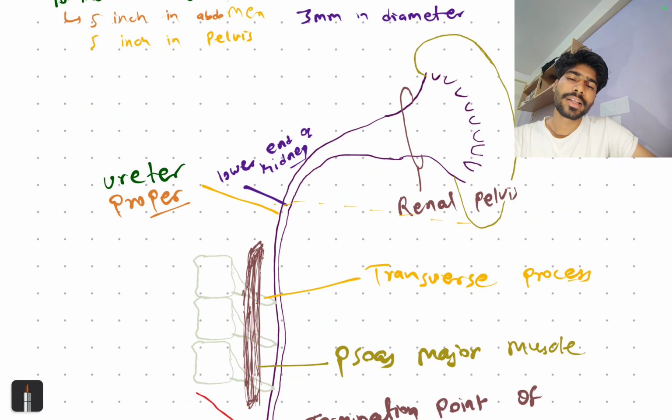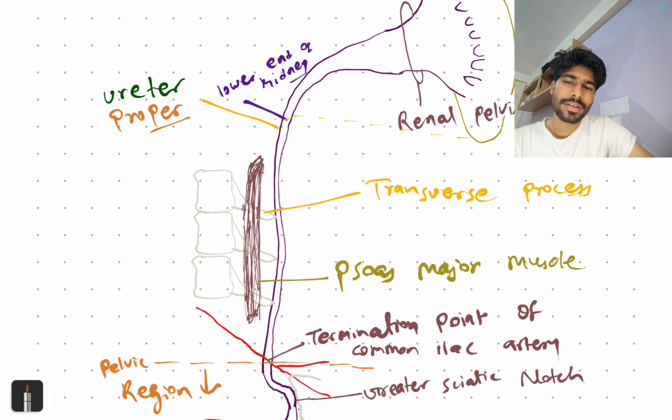All right. And then the ureter passes by the side of the transverse process of the spine. So while watching the radiography, if we can't see the ureter, we can just clearly say that the ureter might be passing through these points normally.